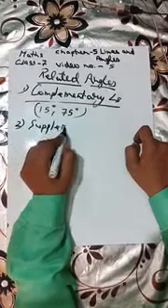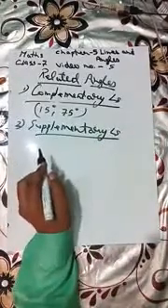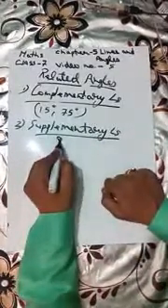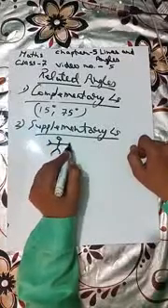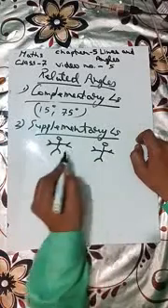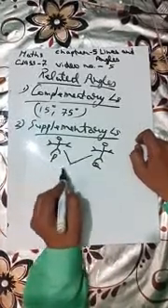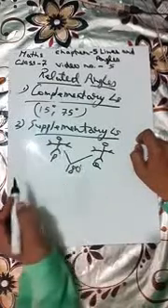Now let's start supplementary angles. In supplementary angles, again we have two friends. This time it is P and Q. Whenever they go out, they always have 180 rupees together.